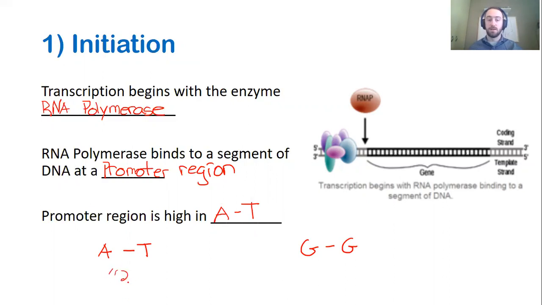A and T has 2 hydrogen bonds, while G and C has 3 hydrogen bonds. Now, RNA polymerase is going to bind to our DNA, and it's going to separate the strands. So it's much easier for it to separate 2 hydrogen bonds rather than 3 hydrogen bonds.